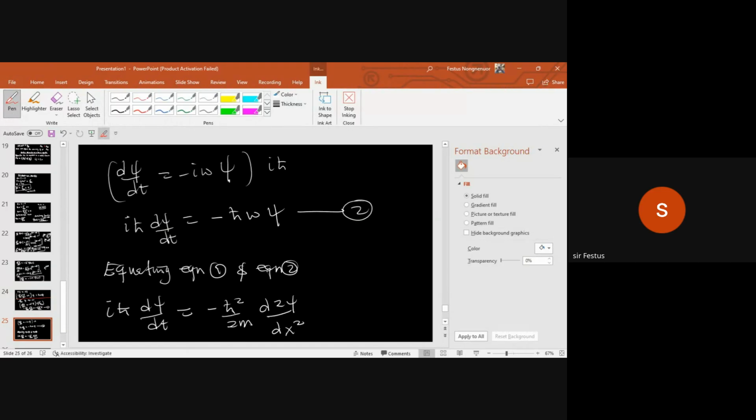So you have that term, but the psi, bear in mind, is still a function of time and position.